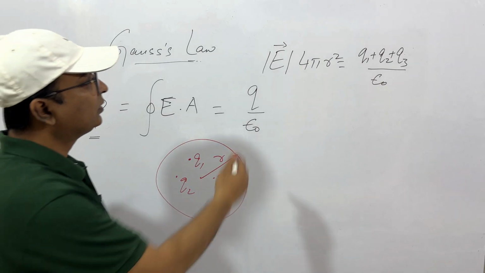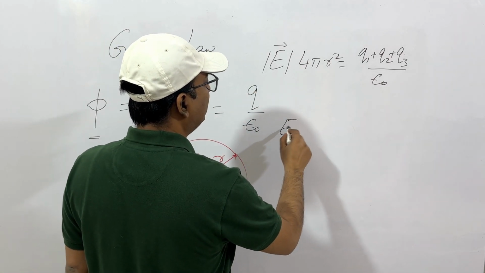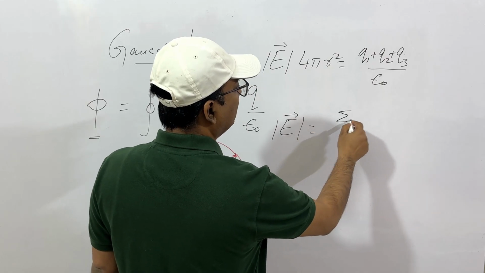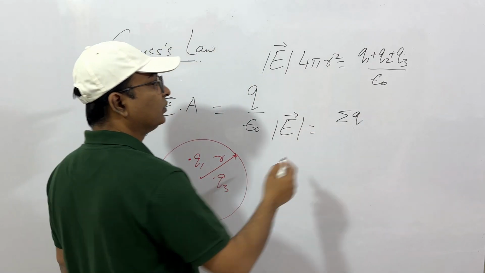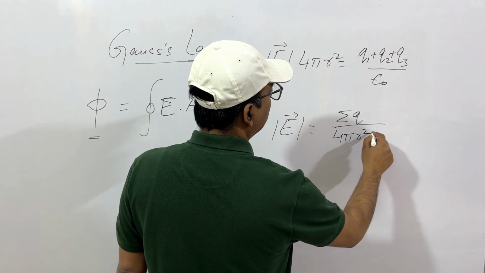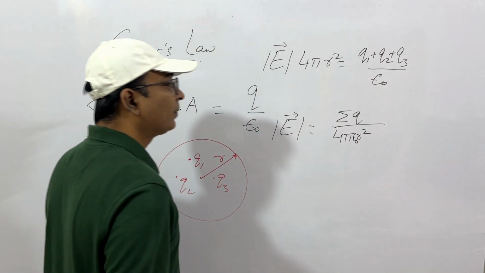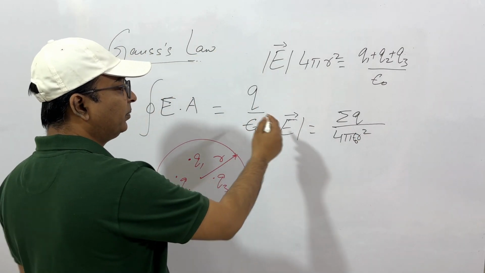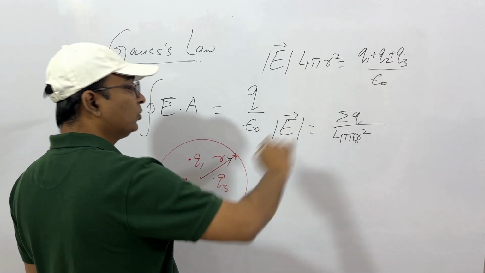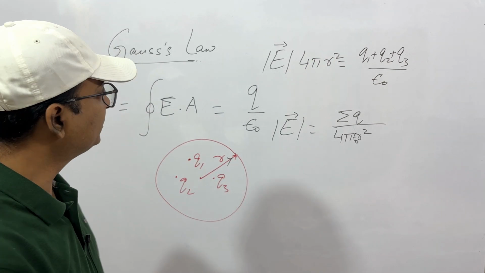So from Gauss's law, you can find what the electric field is. The magnitude will be, let's say, summation Q, that is all the charges enclosed, divided by 4 pi r squared epsilon 0. And what will be the direction? If these are positive charges, it will be radially outward. So you can find the direction also.